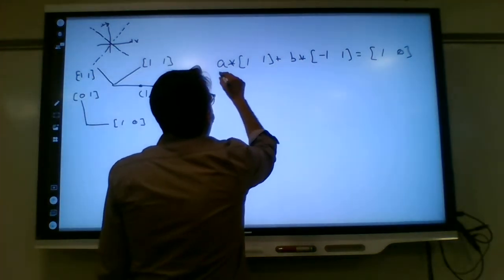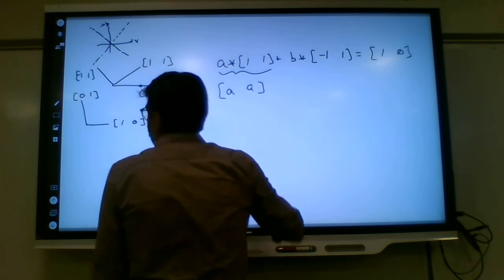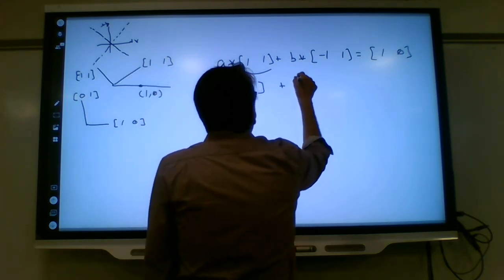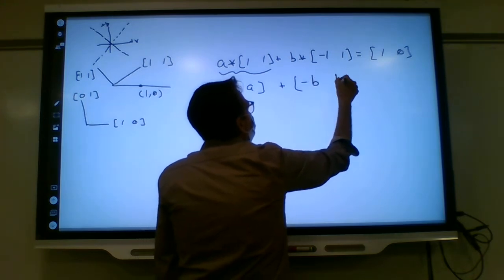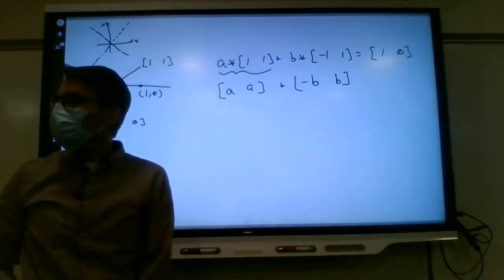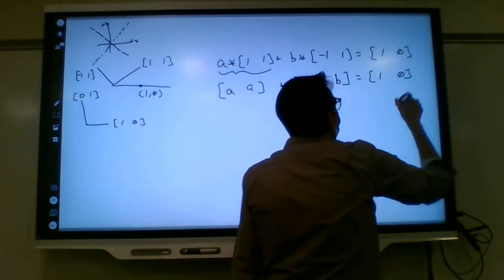So let's look at what happens with this. What do we have here? We have A, A, here we have negative B, B, and we need that to equal 1, 0.